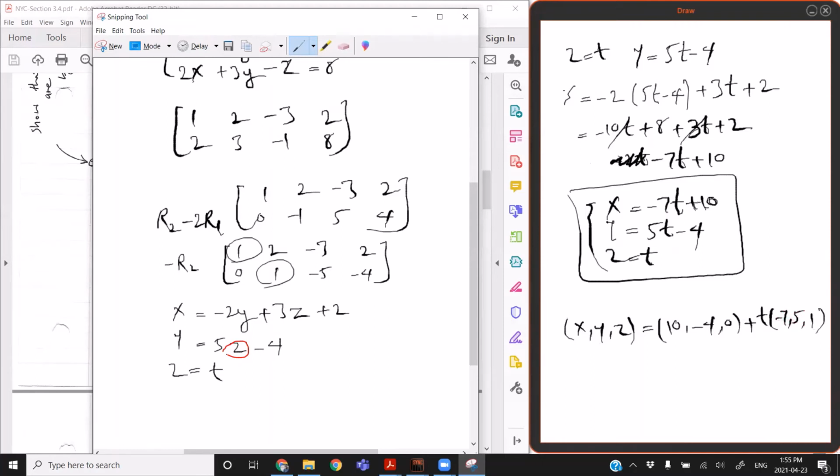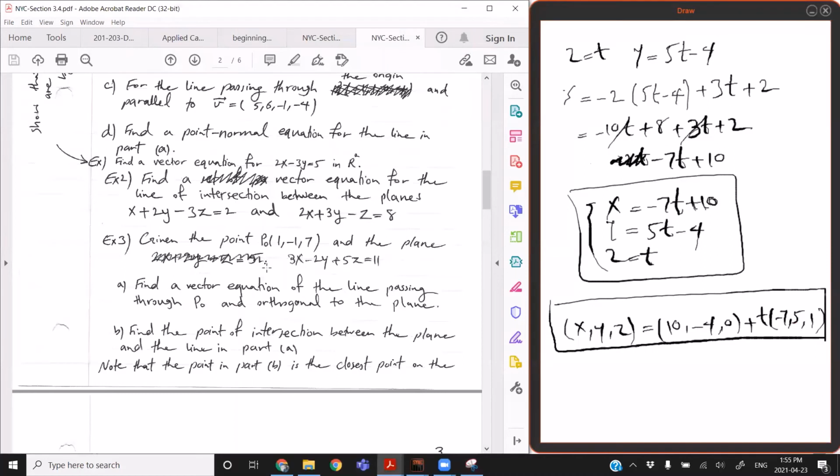So x is 10 minus 7t, y is minus 4 plus 5t, and z is 0 plus 1t. So this is the vector equation for the line of intersection between these two planes.